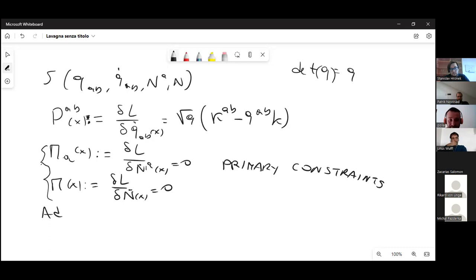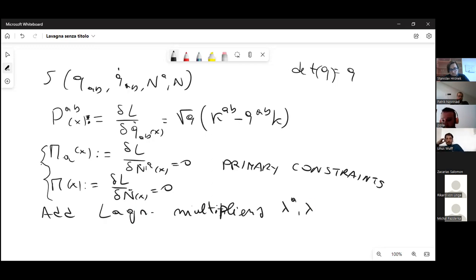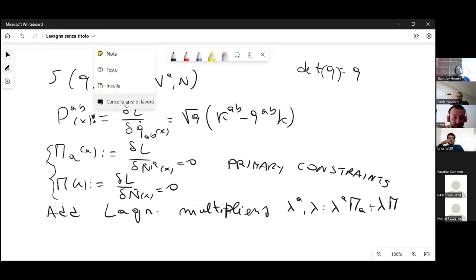So we have to add Lagrange multipliers, lambda a and lambda, in this way, lambda a pi a plus lambda pi, to the Lagrangian. Okay, and now I have to delete everything again, but we are not going to use all of this, so it's just a concept.